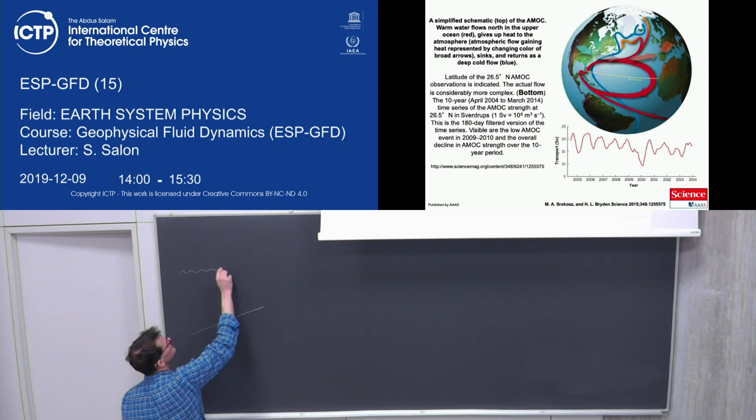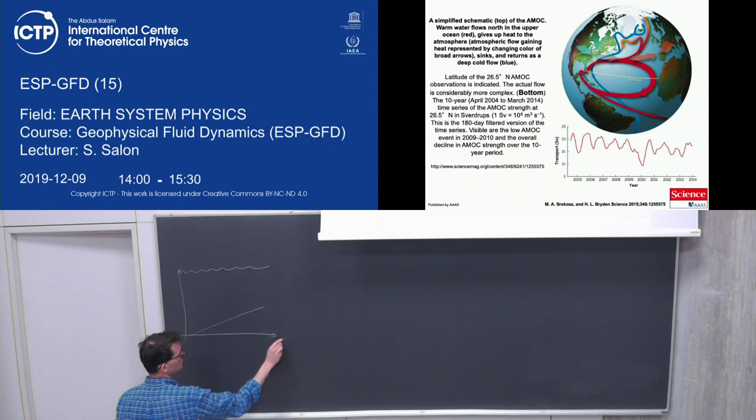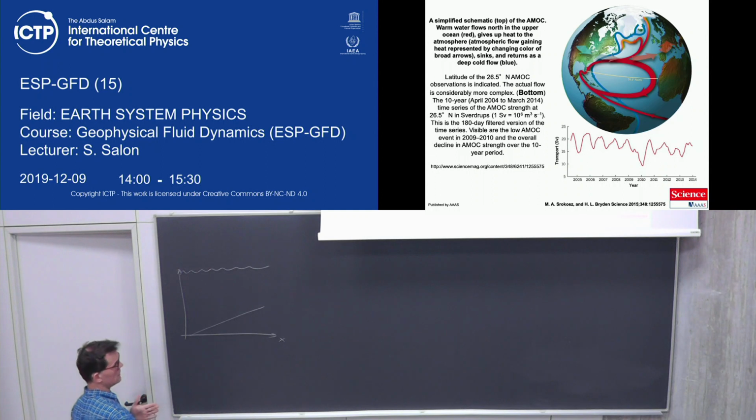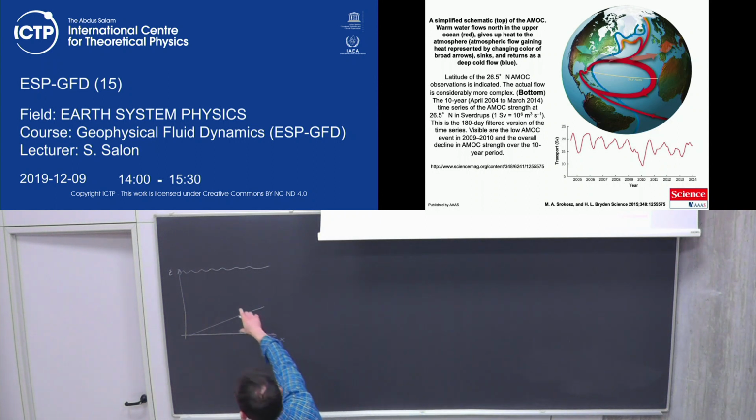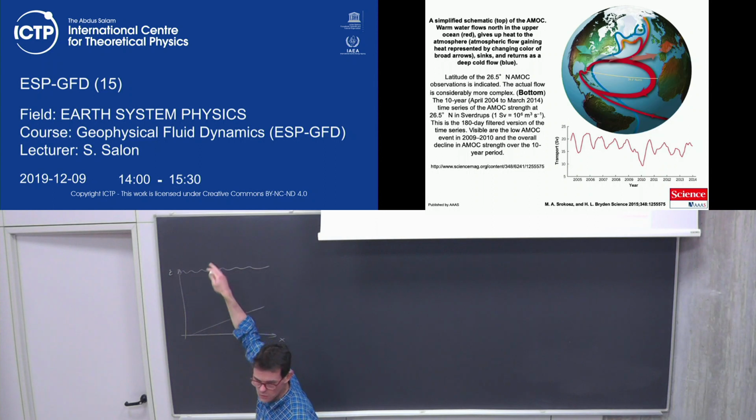So the layout that we can consider is two-dimensional, so we can have here the direction x, the vertical direction here. We can consider that this can be, for example, the atmosphere, with the troposphere, a sort of discontinuity surface, or this can be the ocean, and this is the discontinuity between the ocean and the atmosphere.